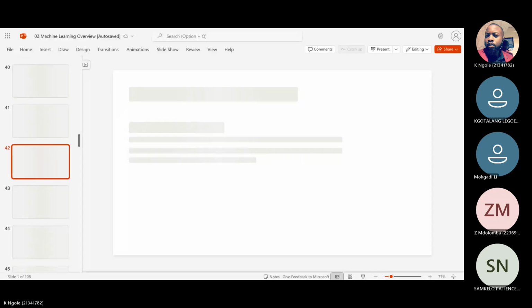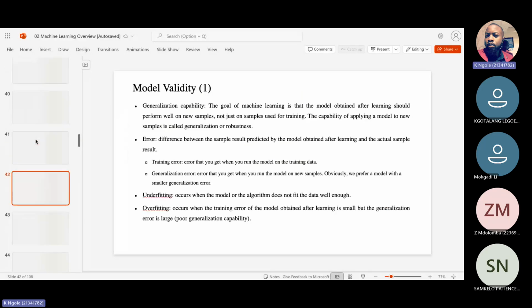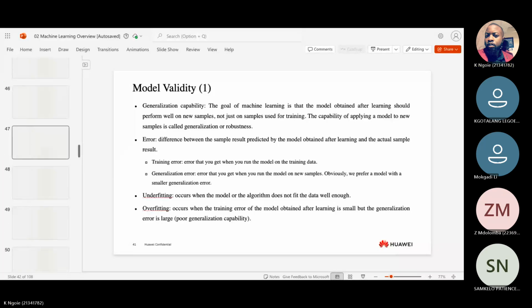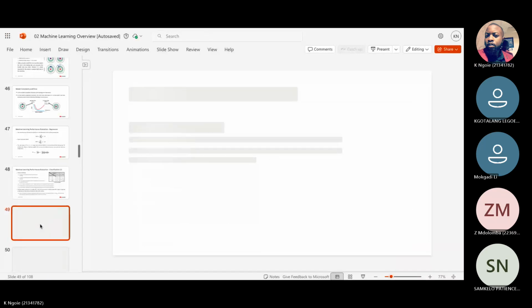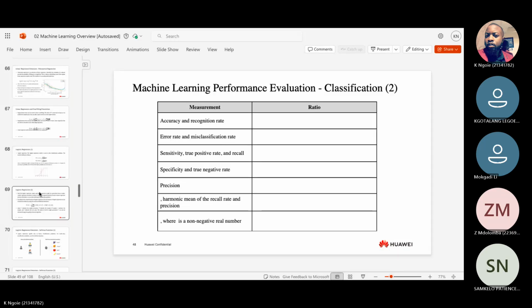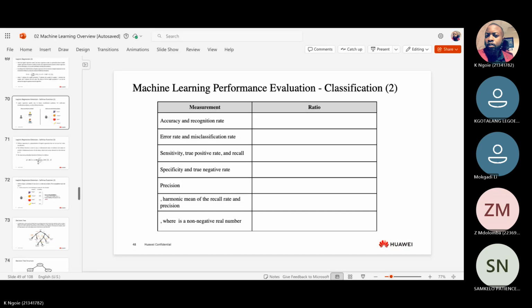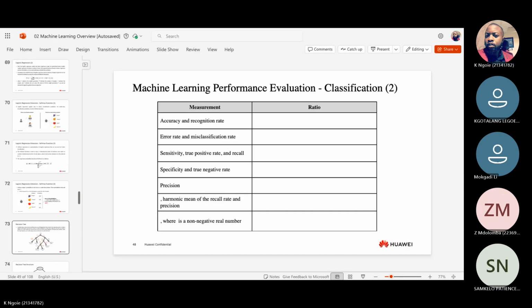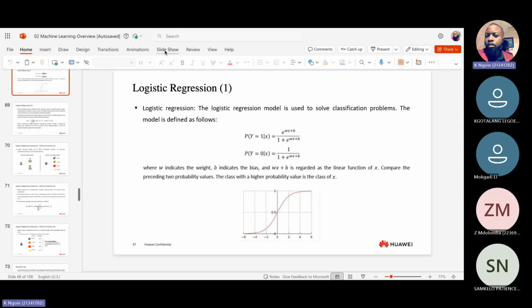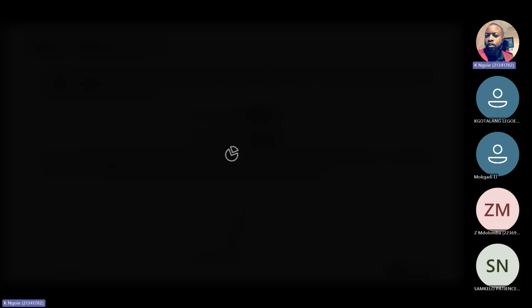So do not be confused by the word regression. Okay, so I think that is about logistic regression.